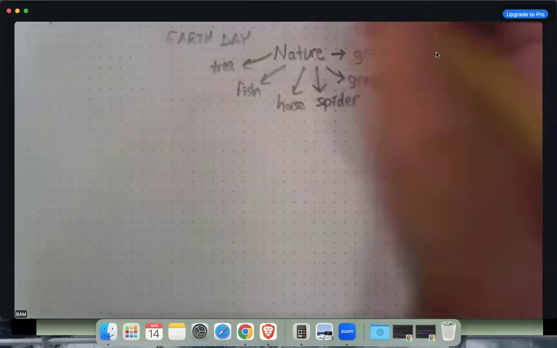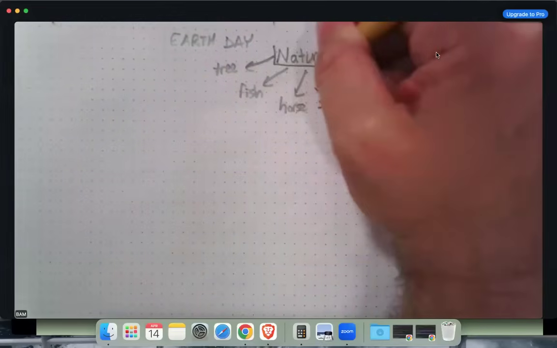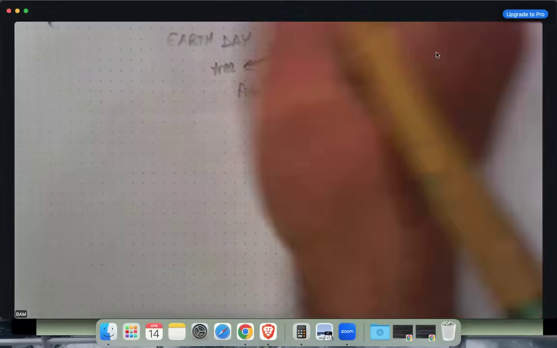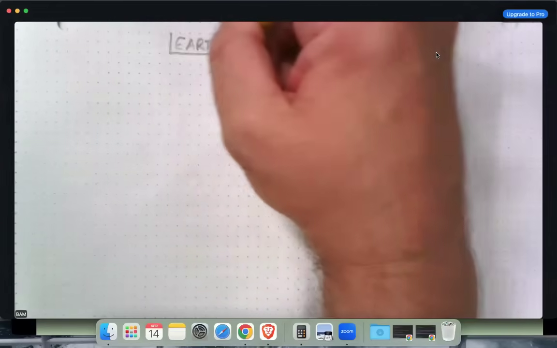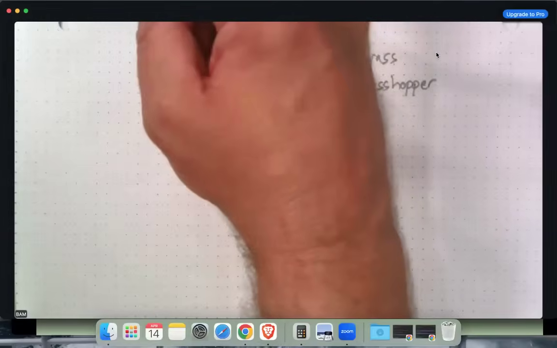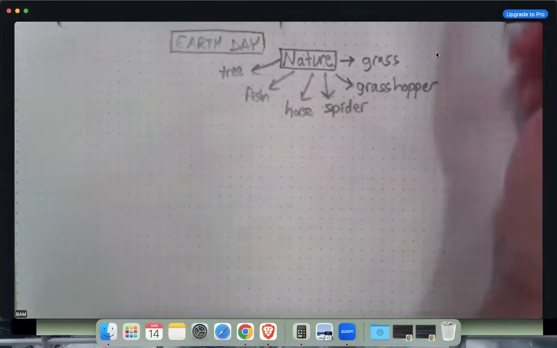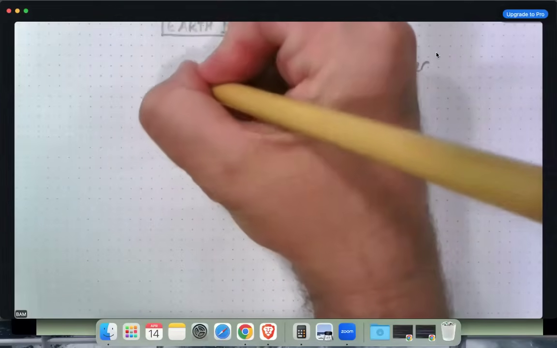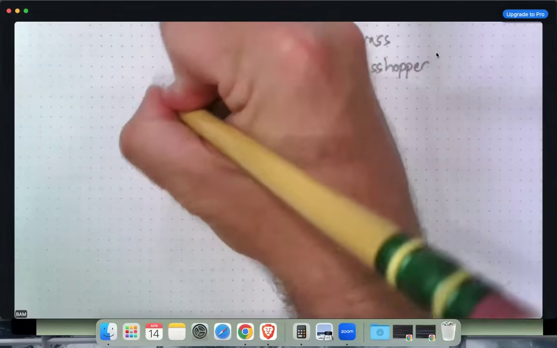You can choose anything. And if you're not able to get outside, you can look through a window, or maybe you could find a bug around your house somewhere, like a housefly.